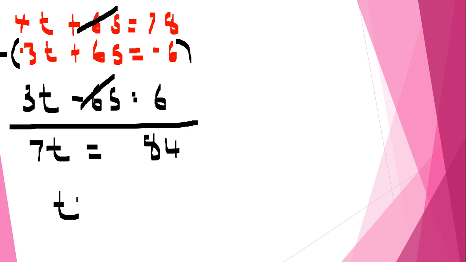Therefore, my t equals 12. We can simply divide there by 7 if you like. So if we divide this by 7, divide this by 7, you'll get t equals 12.